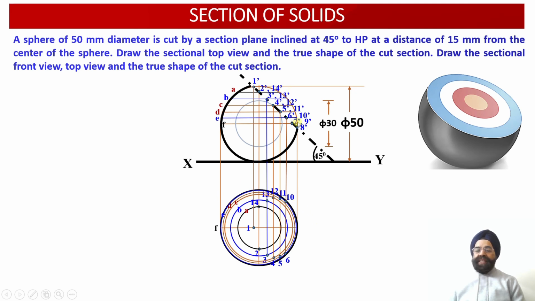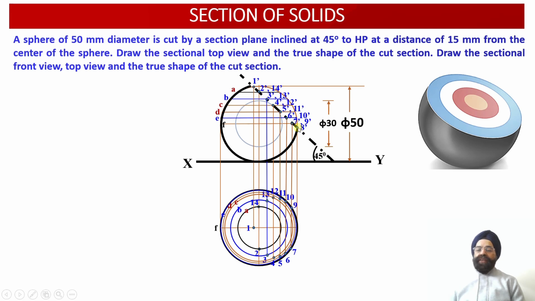So from 7 dash and 9 dash we have again drawn a vertical projector line, and wherever this vertical projector line intersects with the outermost circle over here, circle F is the original circle which was drawn having diameter equal to 50 millimeter. So wherever it intersects with the outermost circle over here, point 7 and 9 have been obtained over here.